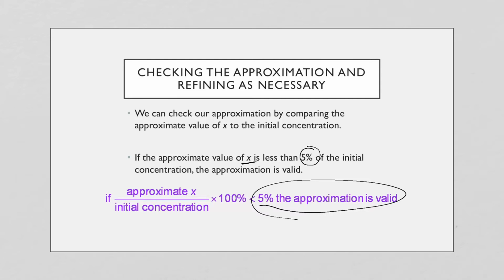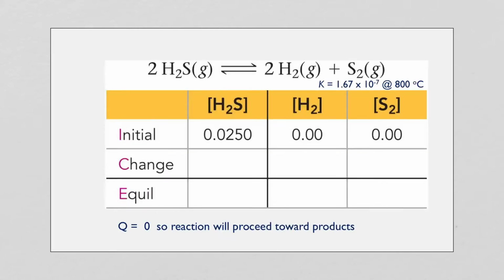Okay, so that's how we're going to approach that. So let's introduce our first problem here, or at least the problem that we're going to use to show this example. So we have the equation of 2H2S in equilibrium with 2H2 plus 1S2, and we're given a K of 1.67 times 10 to the minus 7.